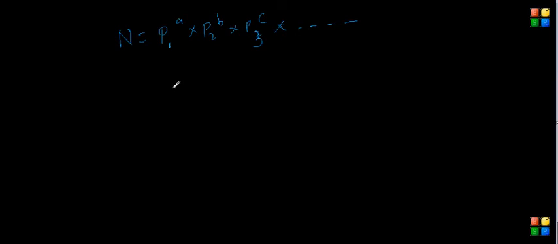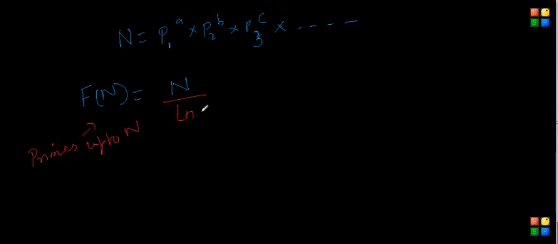What it states is, if you take a very large number n, and you were to find the number of primes up to n, let's denote it by a function f of n, where f of n is the number of primes up to n, then this, as established by mathematicians, is almost equal to n by natural logarithm of n.